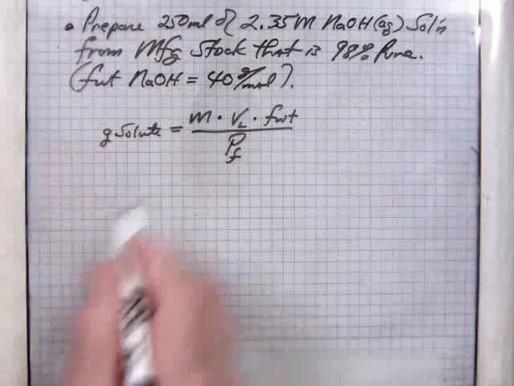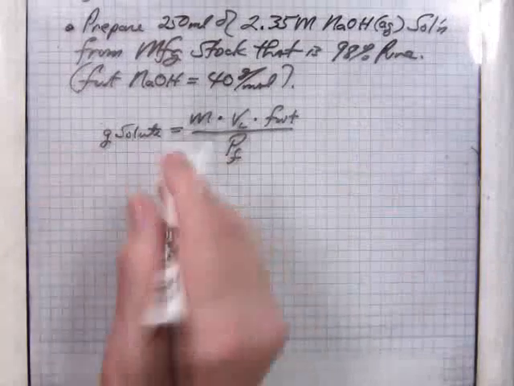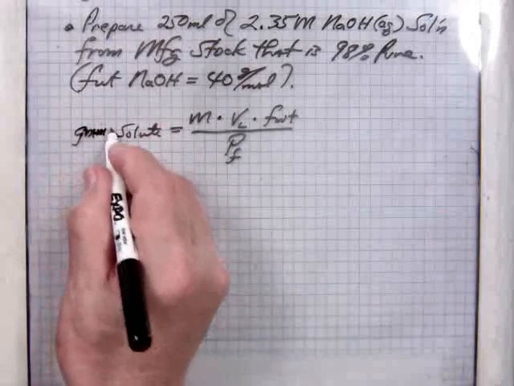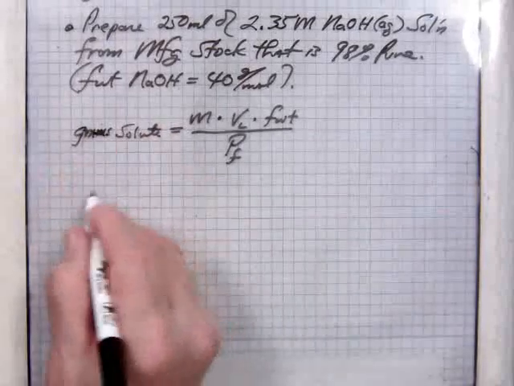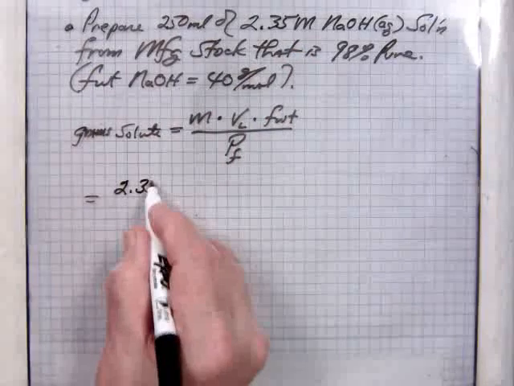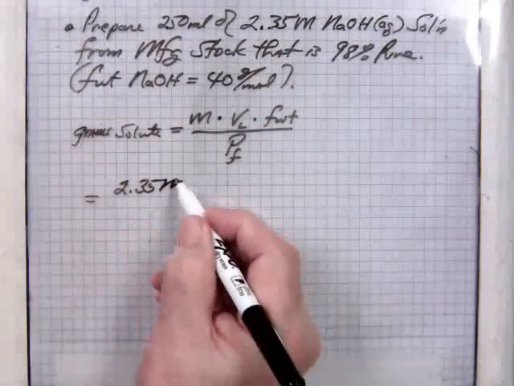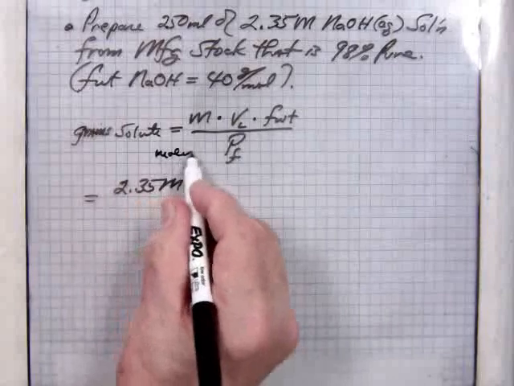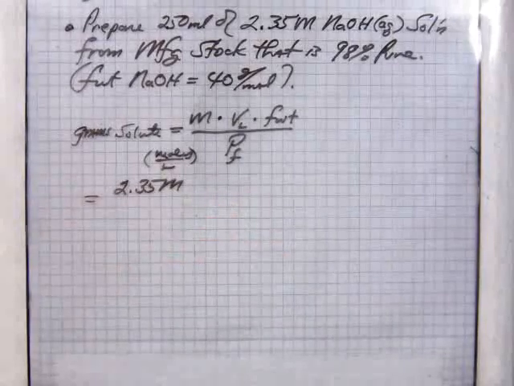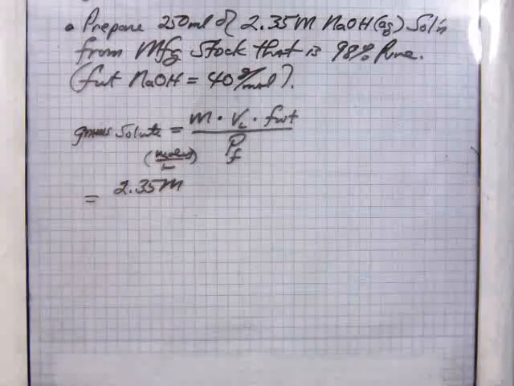So the molarity needed is a 2.35 molar solution. Now, molar solution is moles over liters. That's the definition of molarity, moles per liter. Moles of solute divided in a liter of solution.